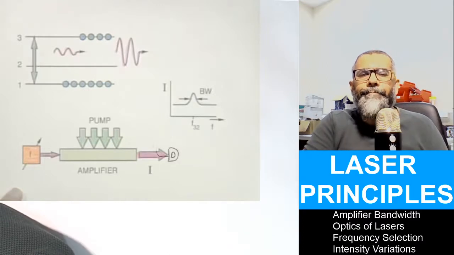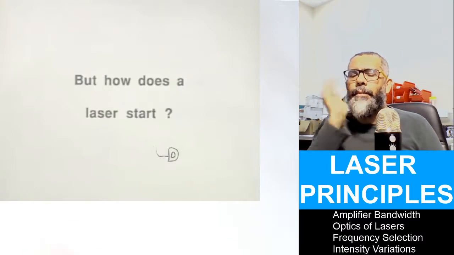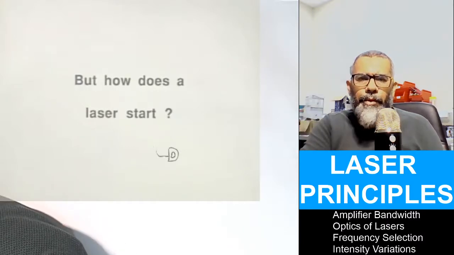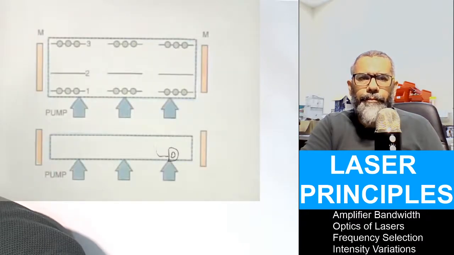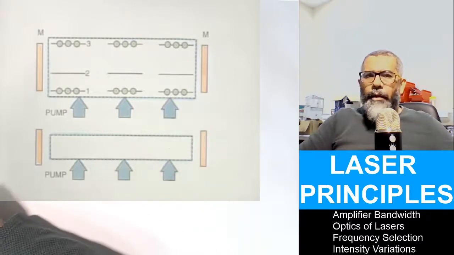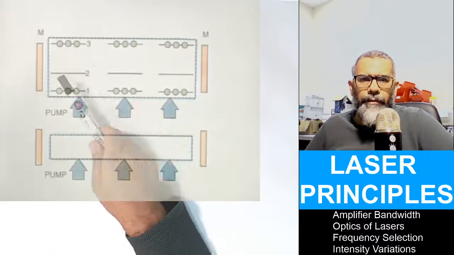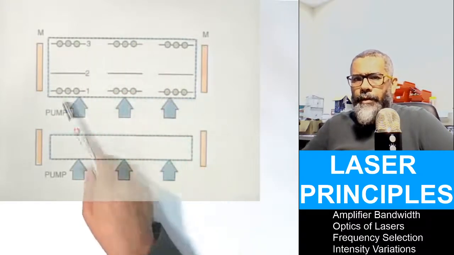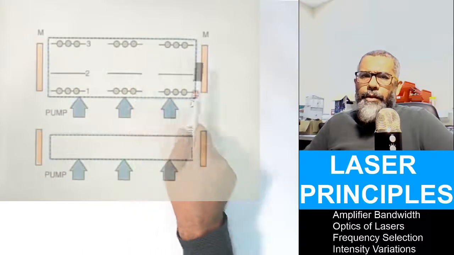So the next question is, how does a laser start? Suppose you have an amplifier. Now suppose you are given these 2 mirrors. You put these 2 mirrors to make up a laser. Okay, so next, think of, in addition to the atoms in the amplifier, the medium of atoms, let's say 3-level atoms, you put these 2 mirrors.